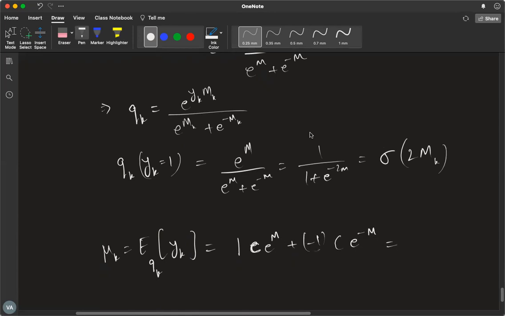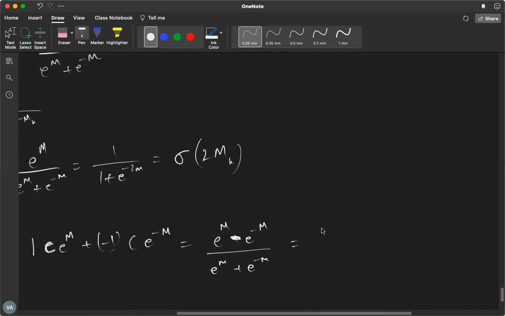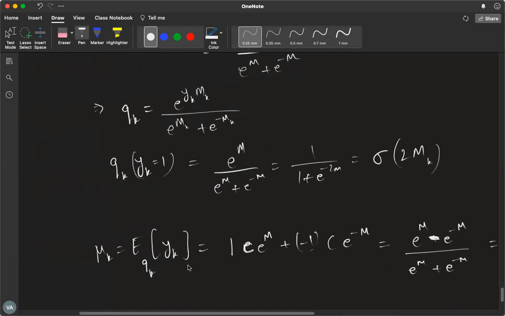Now put the value of c here, so you get exponential of m minus exponential of minus m, divided by exponential of m plus exponential of minus m. This is simply tanh of m, you can call it mk. That is the value of mu k.